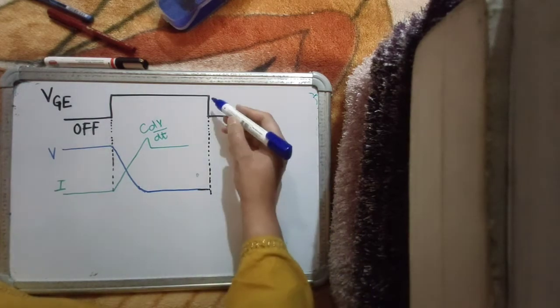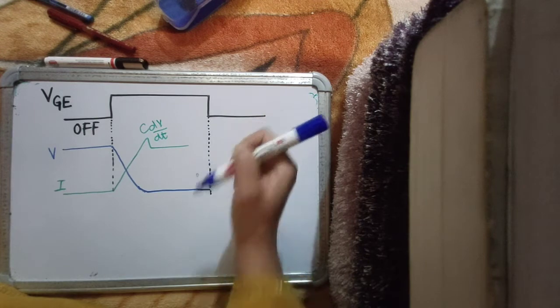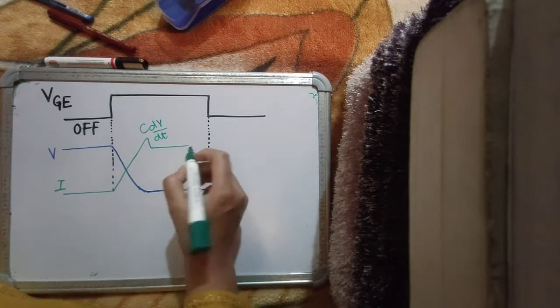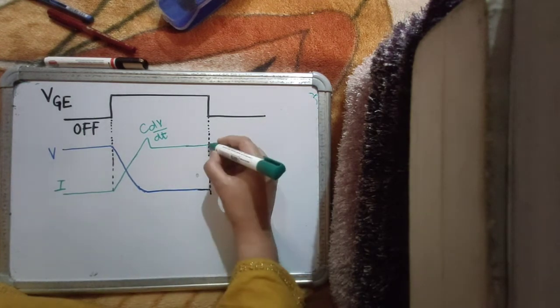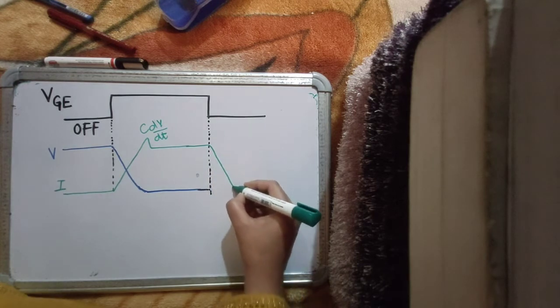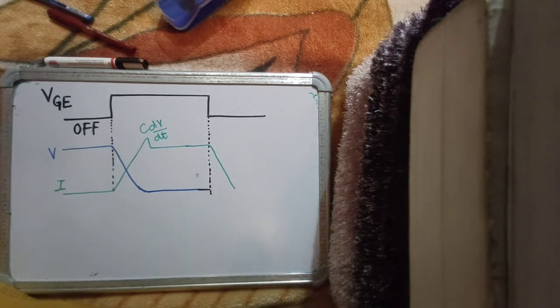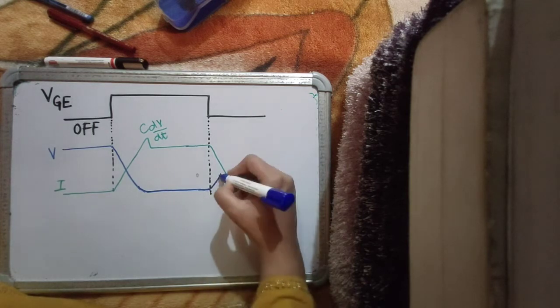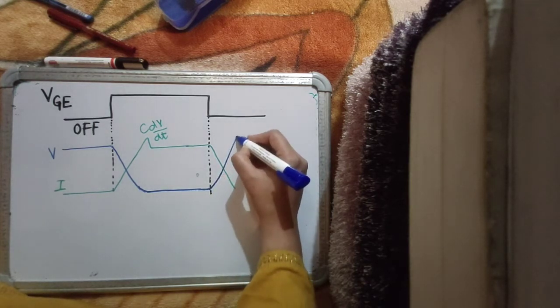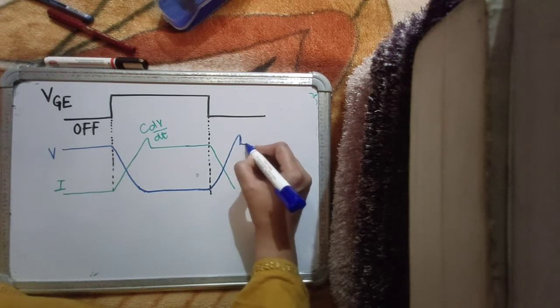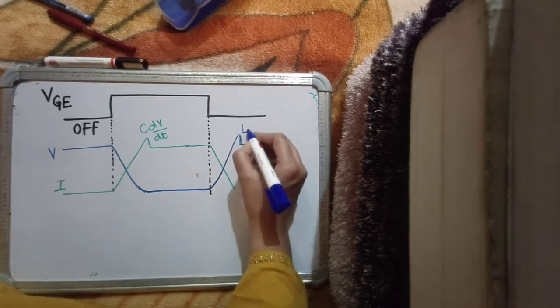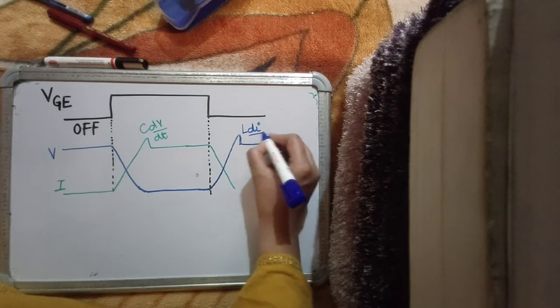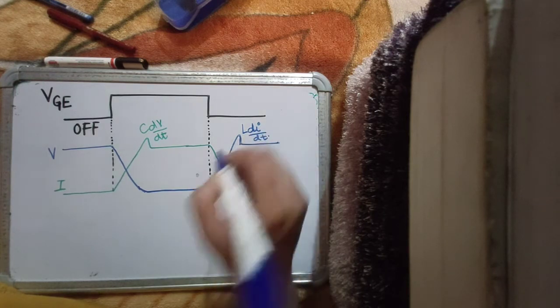Now when the pulse to the device goes off, what happens is that the current across the device starts falling, and at the same time the voltage across the device starts rising, of course with a small kick in voltage present that is caused due to the stray inductances that are present in the circuit.